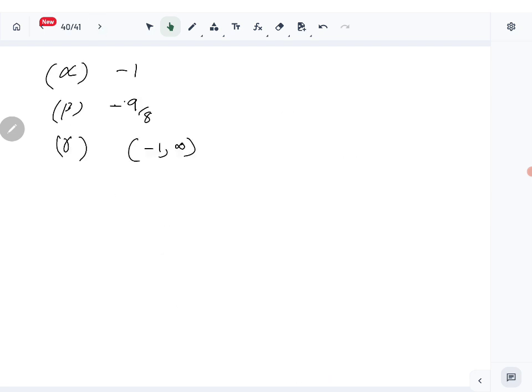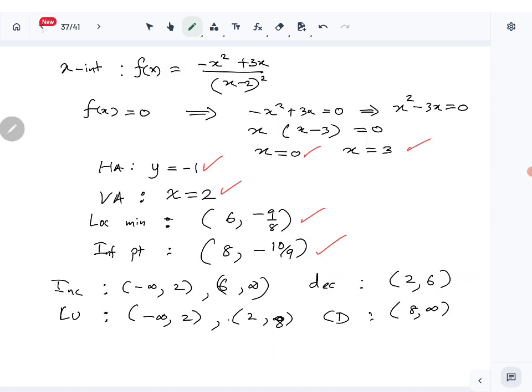So union minus 9 over 8 to minus 1. Right. So in that range, you will have two different solutions.